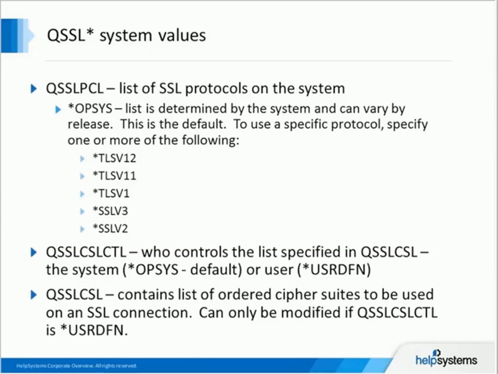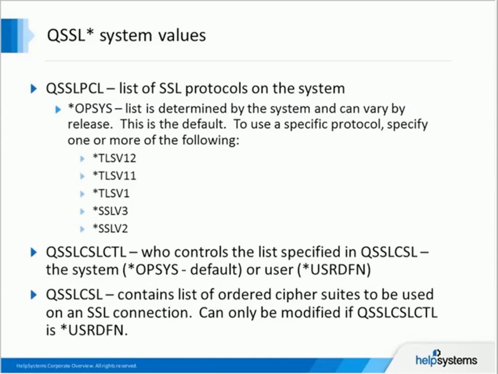Also, PCI has a requirement that only what is called strong encryption or TLS 1.1 and 1.2 are used as of next July. So there are 3 system values that can control the protocols that are available on the system and then the actual encryption or cipher suites that are available once that connection is made.